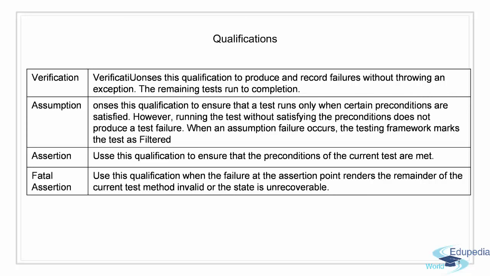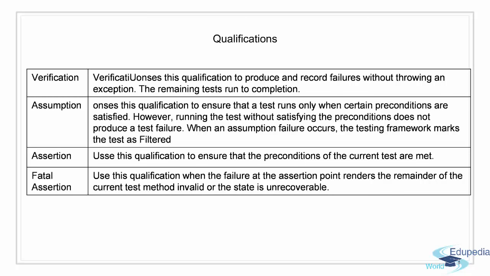Second is the assumption. This is a qualification used to ensure that a test runs only when certain preconditions are satisfied. However, running the test without satisfying the precondition does not produce a test failure. So what happens is that when an assumption failure occurs, the testing framework marks the test as filtered. Third is the assertion. You can use this qualification to ensure that the preconditions of the current test are met.